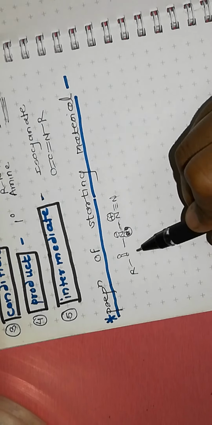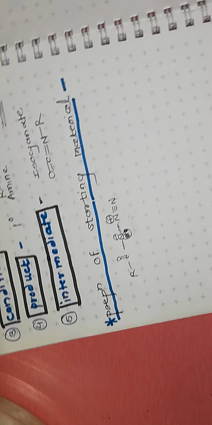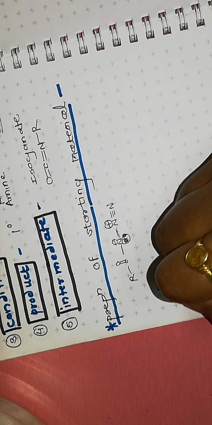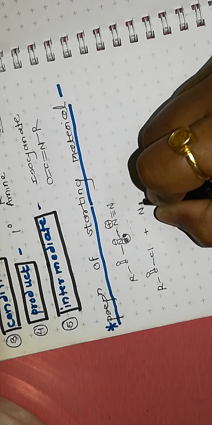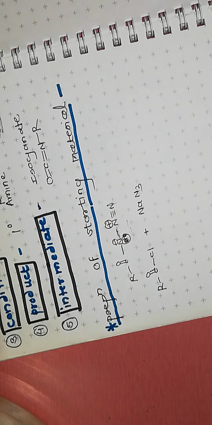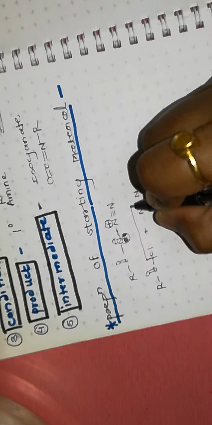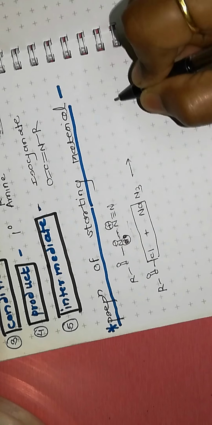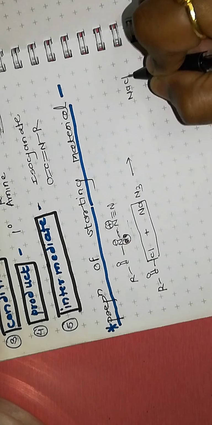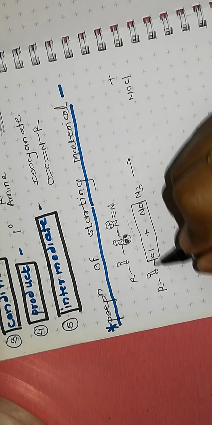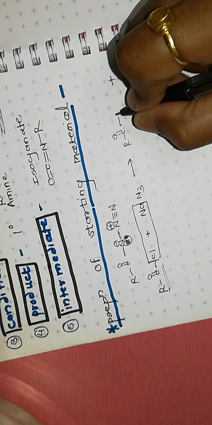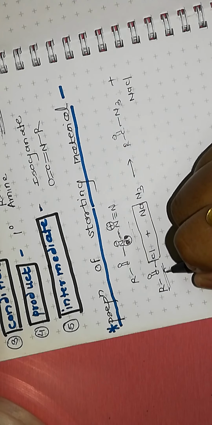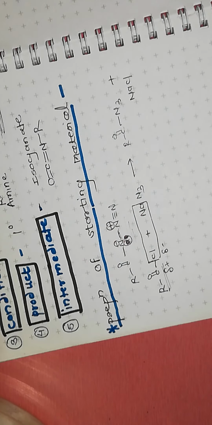How is this starting material prepared? When acyl chloride reacts with sodium azide. This is the formula of sodium azide. Here we get NaCl as a byproduct and we get RCON3. Here the charge on carbonyl is positive, chlorine is negative.